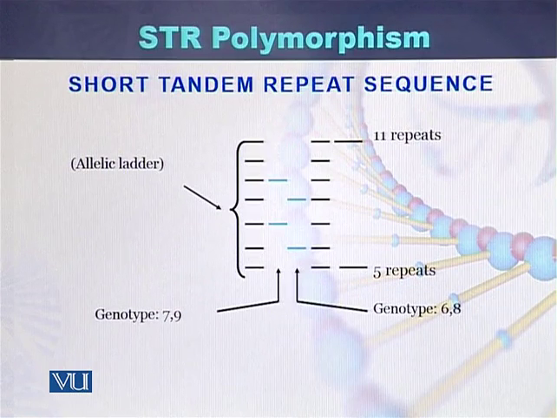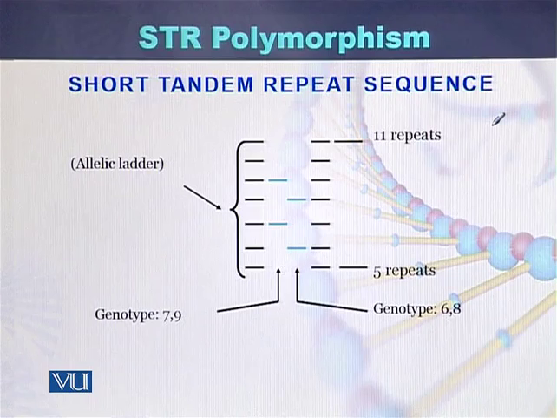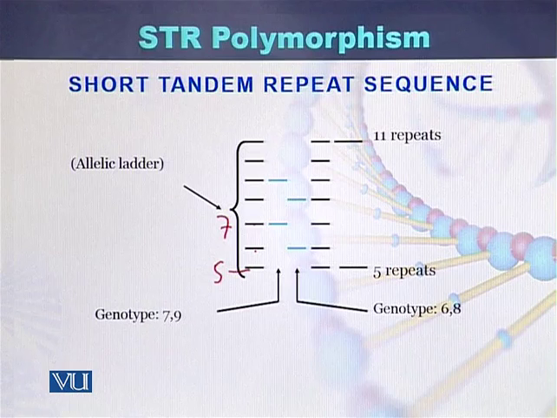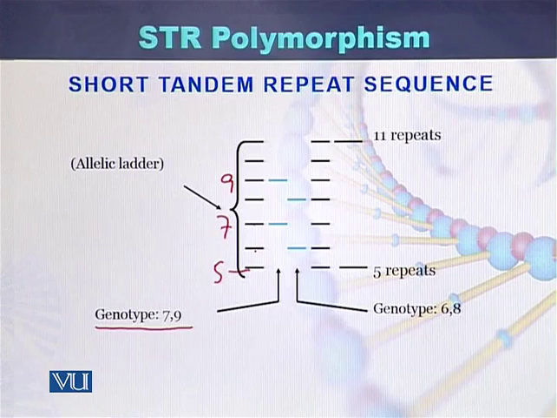How are these alleles separated from each other? If a genotype has 7 and 9, let's say this is repeat number 5, this is 6, this is 7. One allele is present approximately at band number 7 and the second allele is around 9. So the genotype will be marked as 7 and 9.